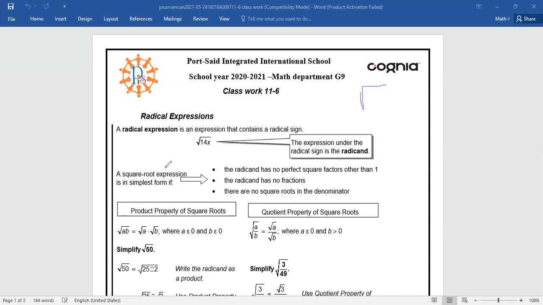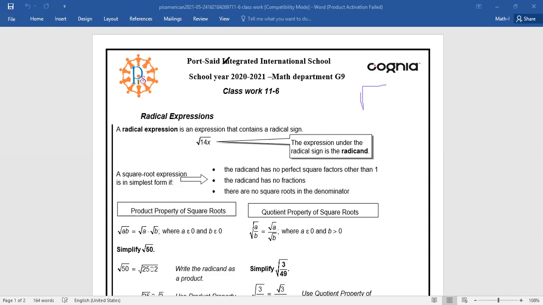Once we solve the questions, we have to put it in simplest form. To say that an expression is in simplest form, we have conditions: the radicand has no perfect square factors, the radicand has no fractions, and there are no square roots in the denominator.